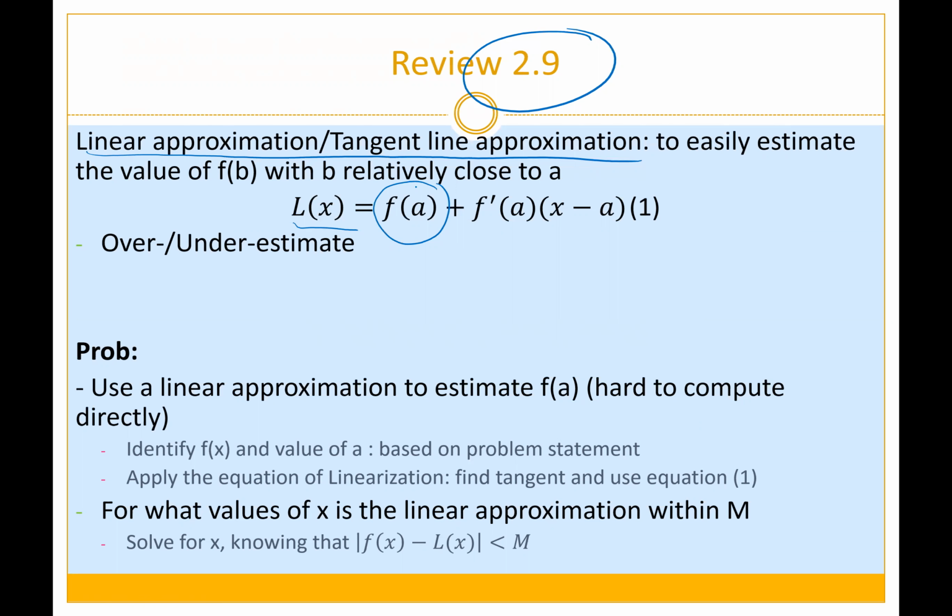So f of a is going to be square root of 1. So find a nearby value that's easier to find, and then you approximate it using a tangent line approximation.